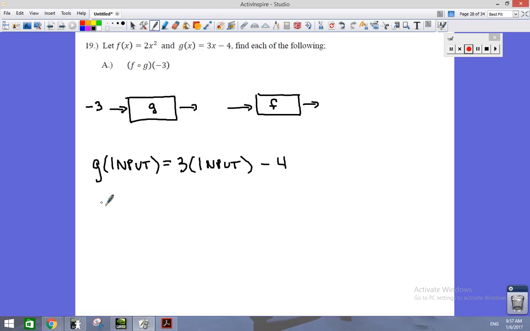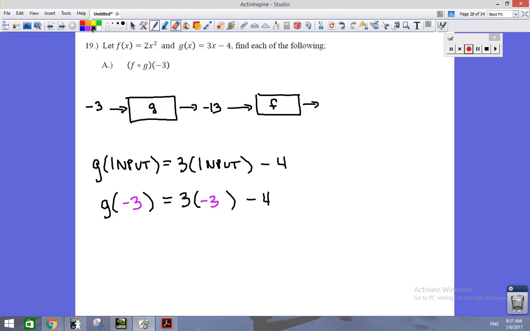Okay, so here we're giving it an input that's a number. We're inputting a -3, so it's going to take 3 times the -3 and then subtract 4. So you have -9 minus 4, which, if I'm doing my arithmetic right, is -13.